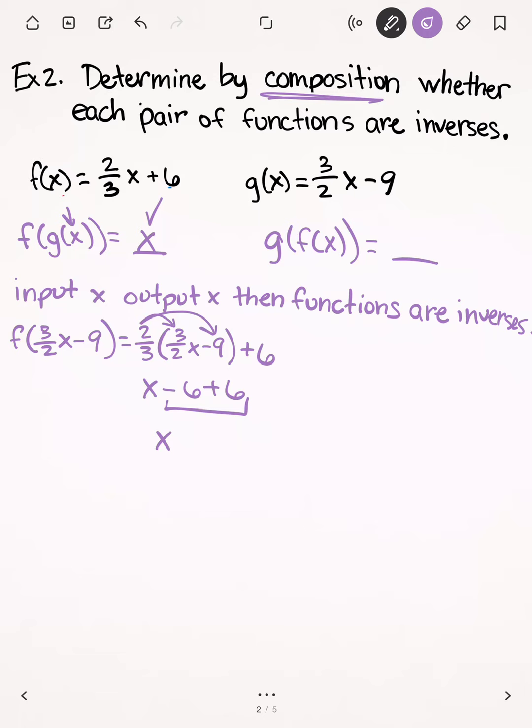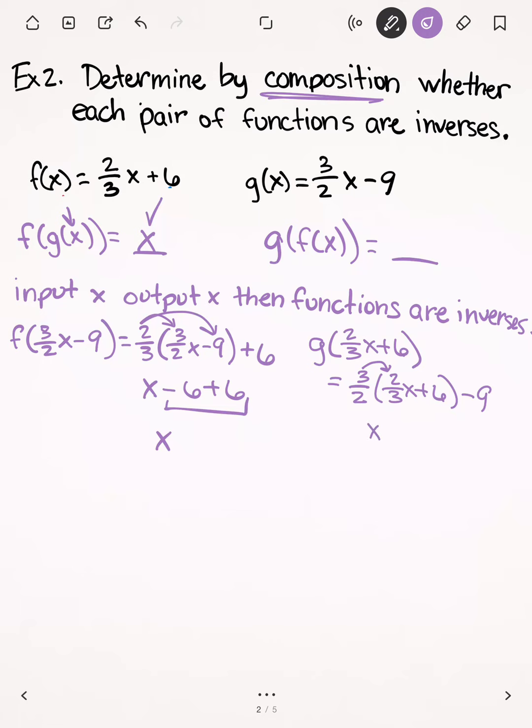Now, over here, I have g. Instead of f of x, I'm going to replace it with what f of x equals, which is 2/3 x plus 6. So anywhere I see an x, I'm plugging that in. So I have 3/2 times 2/3 x plus 6, minus 9. I distribute 3/2 times 2/3 x.